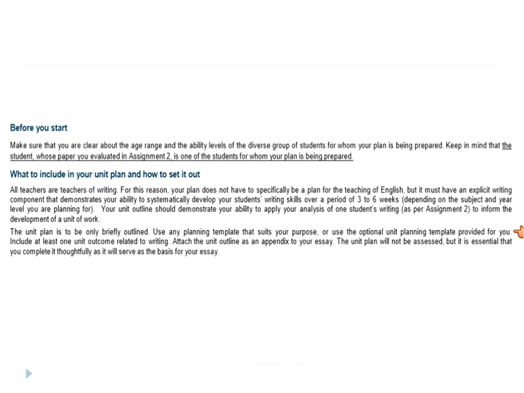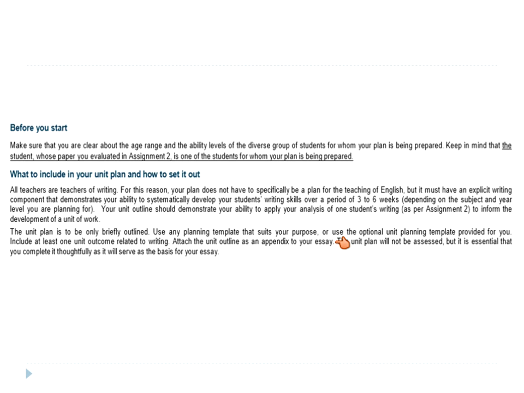I will make sure that I provide a link to the unit planning template in the module for Week 9, and include at least one unit outcome related to writing. Very important. So that forces you to identify where is the writing in your unit outline. You might find that there's quite a lot. You'd be surprised how much writing there is in other subject areas.